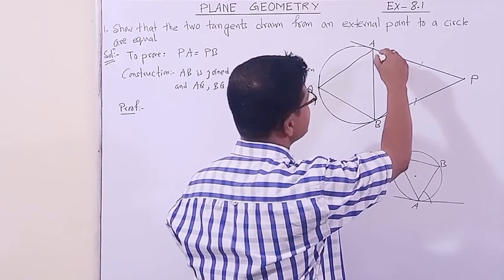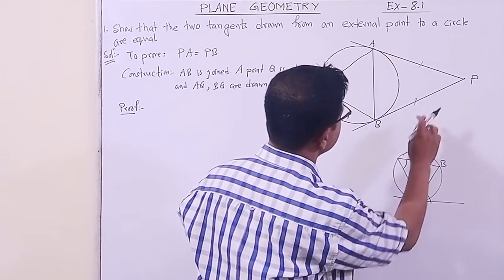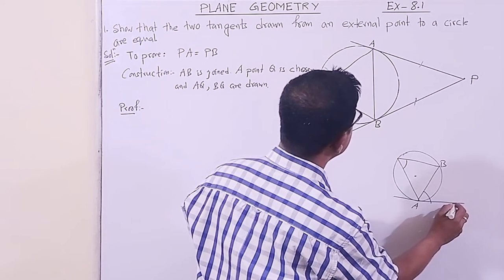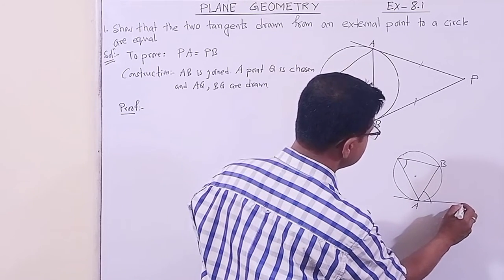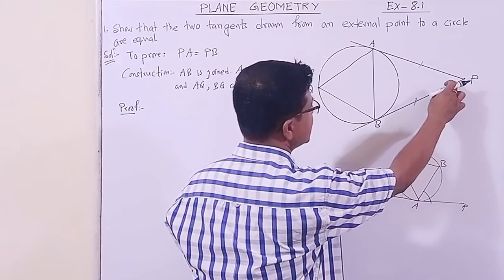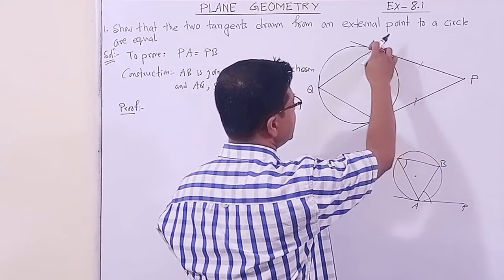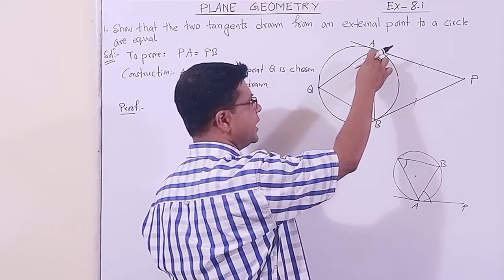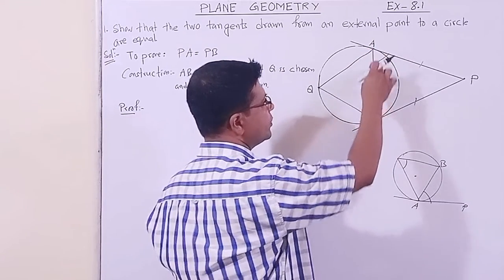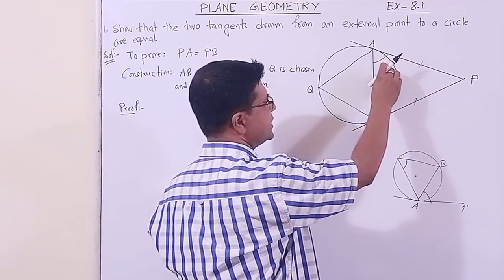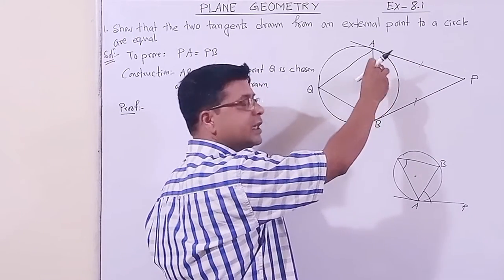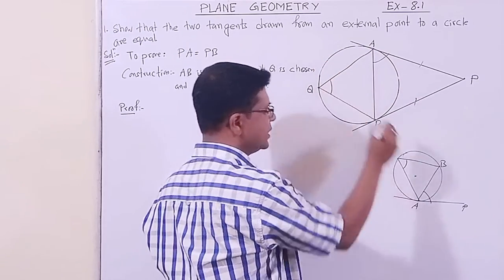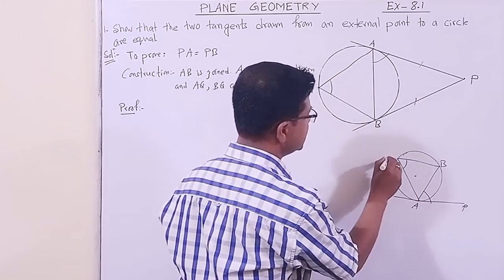Suppose this point is A and this is B. Angle PAB will be equal to the angle made by the chord and the tangent. This segment is the adjacent segment, its alternate segment is this. So this angle is equal to this, and this is Q.